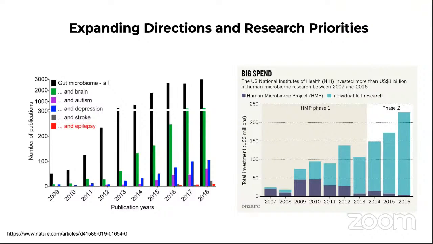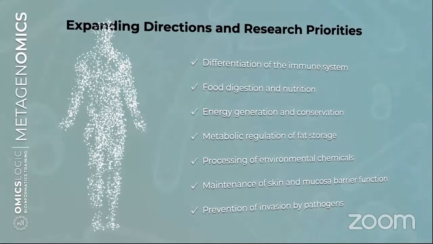Major projects are today underway in the United States, the European Union, China, Canada, Ireland, South Korea, and Japan. This investment has confirmed the importance of the microbiome to human health and development. So it is now known what this microbiome function has to do with. Let's take a look at some of these functions.